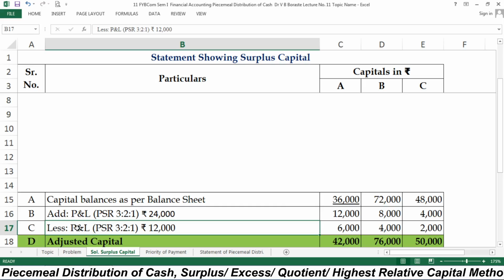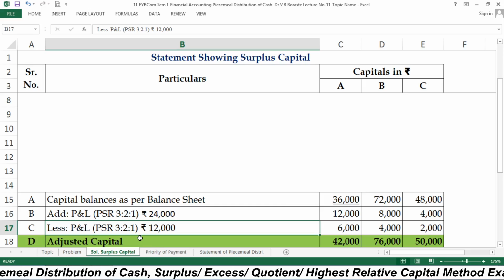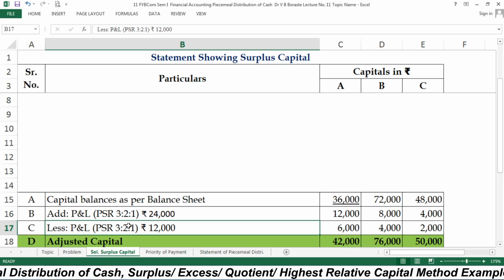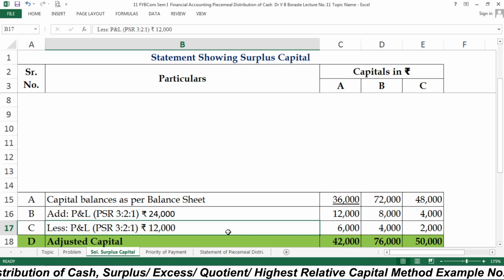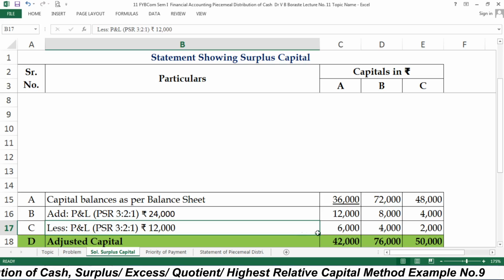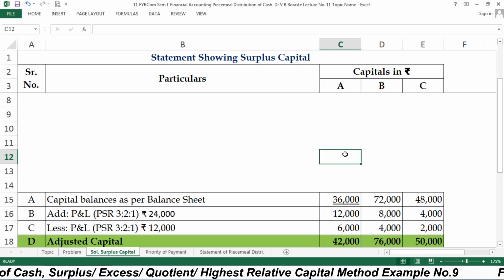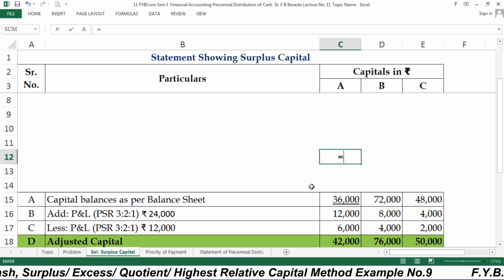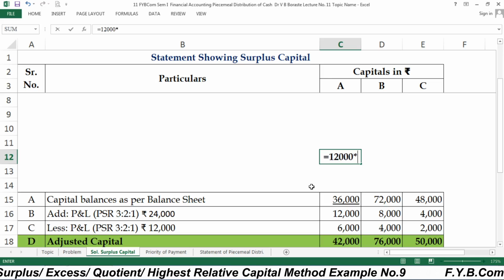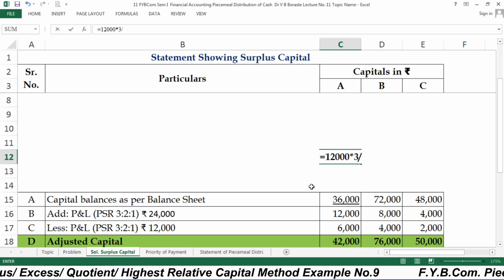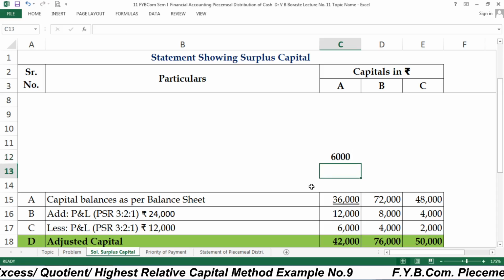So here for profit and loss, again the ratio will be the same, that is the profit sharing ratio 3 is to 2 is to 1. So we have to distribute 12,000 among 3 partners in the ratio of 3 is to 2 is to 1. So 12,000 into 3 divided by 6. The amount will be 6,000.